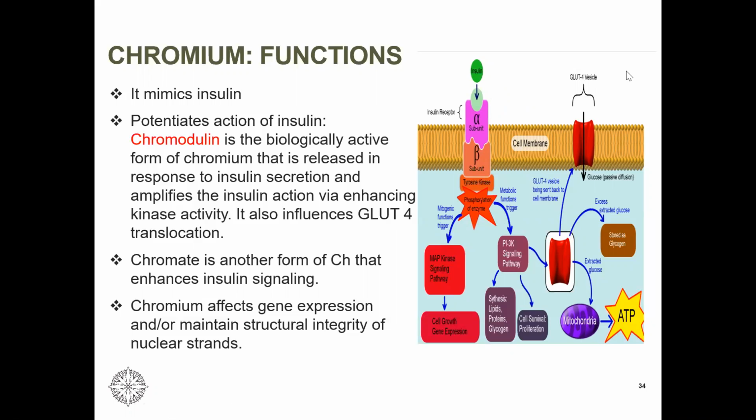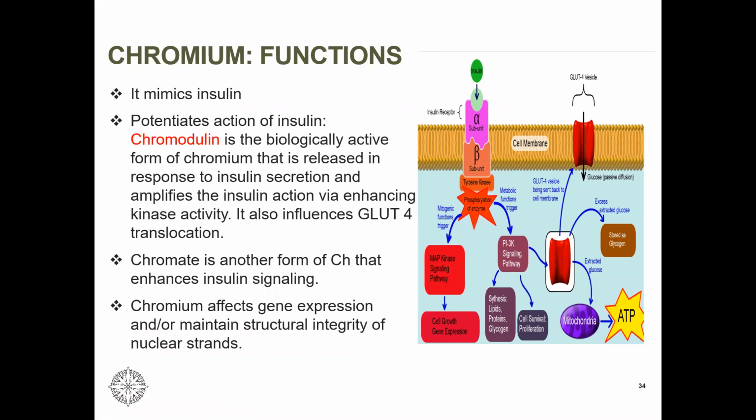You would notice I've added this slide here just to reiterate how chromium supports insulin function. Number one, we now know that it can mimic insulin. Okay, it can potentiate the action of insulin when it acts as a chromodulin. So what is a chromodulin?